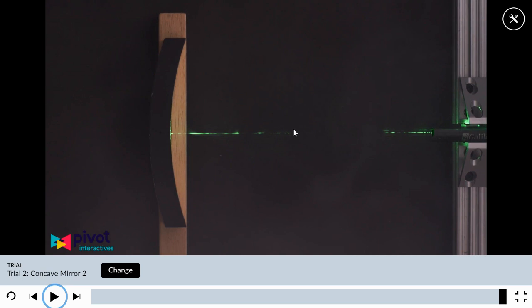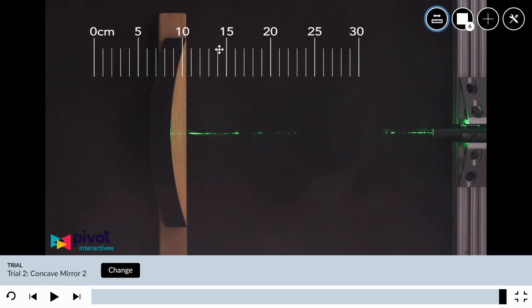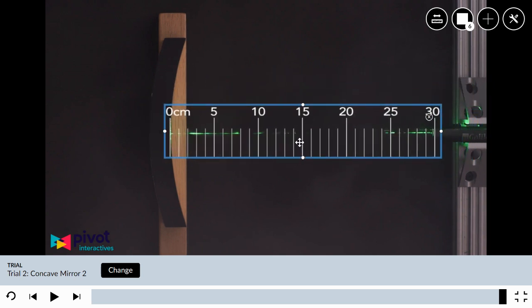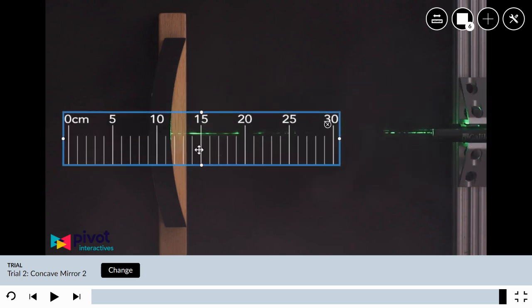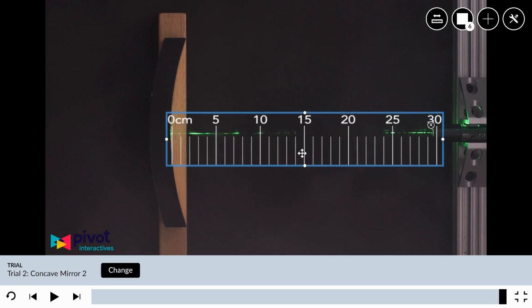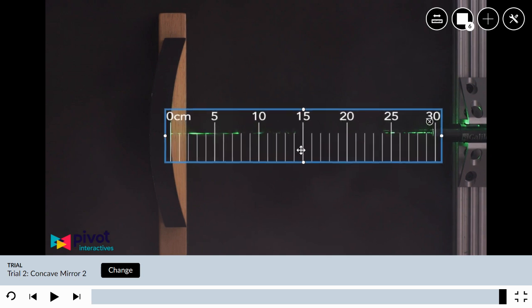And so part of that is using the tools to try to identify where that point is. And so I've got my ruler. I can set it here at 0. I'm trying to zero right here on the surface of the mirror. And this beam is going right off of the middle of the mirror, right?